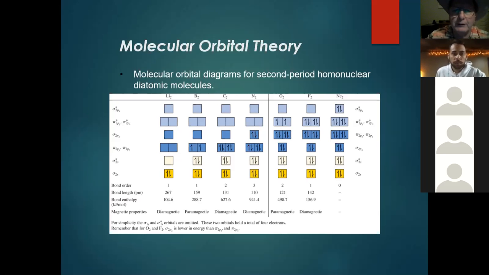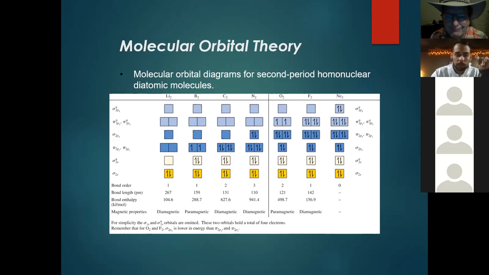But you have to realize that there is a break between nitrogen and oxygen where the order of the molecular orbitals filling gets changed. Okay, it gets changed. As in it goes from the p orbital to the p anti-orbital?